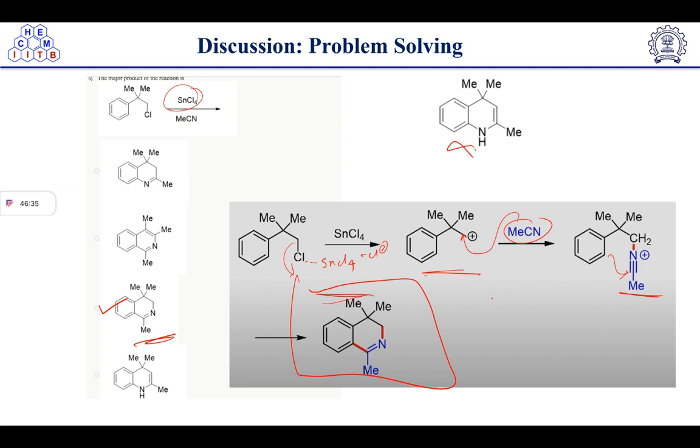And one more possibility is there here. This primary carbocation is there. So the methyl transfer will take place and it will become a secondary carbocation, which is more stable. As we have discussed, secondary carbocations are more stable. Correct?